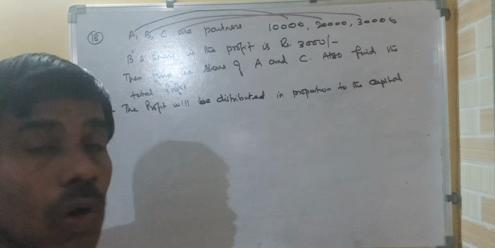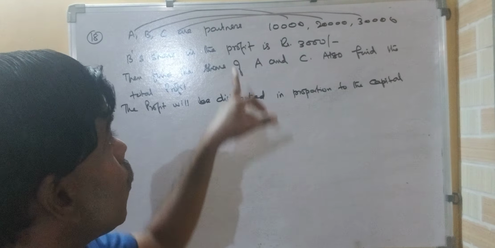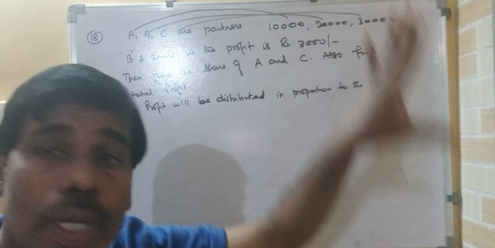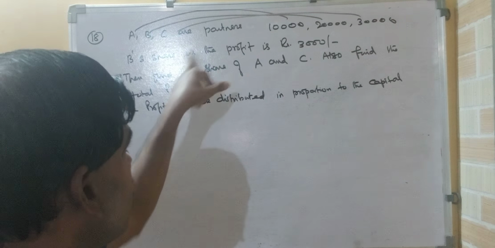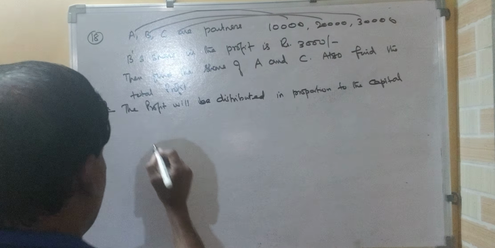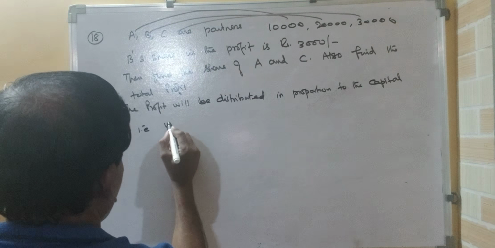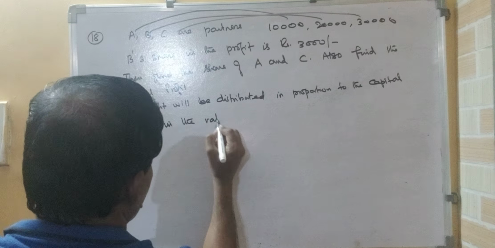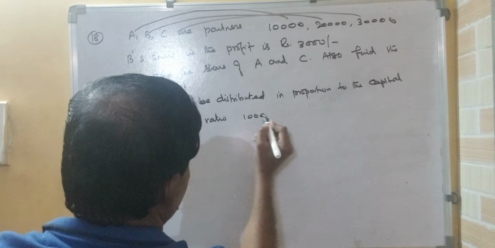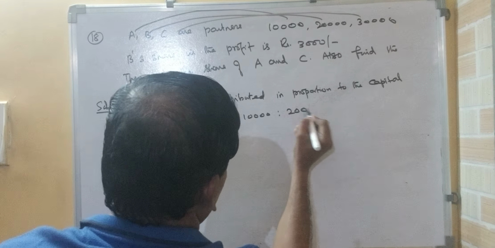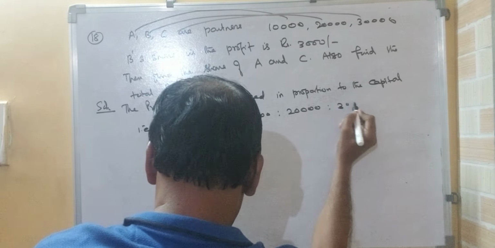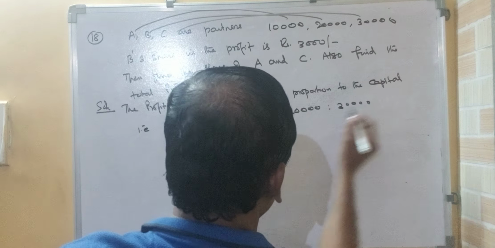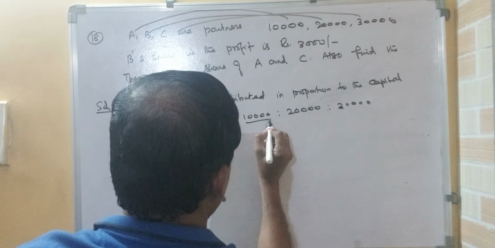The profit will be distributed in proportion to the amount they brought to the business. Okay. Now we will find out the ratio. That is, in the ratio 10,000 is to 20,000 is to 30,000, divided by 10,000.